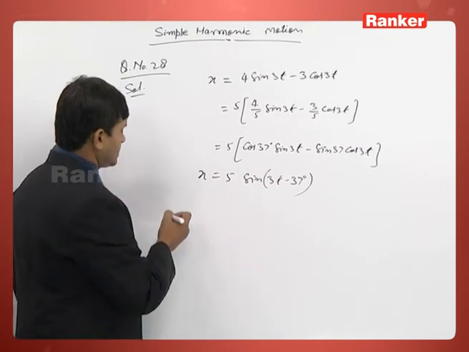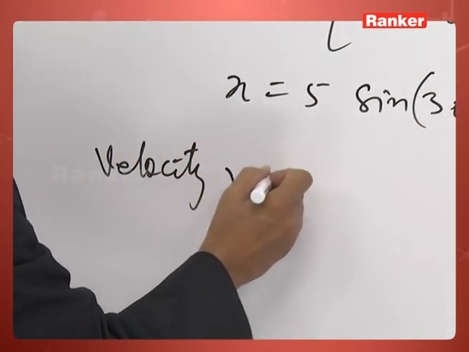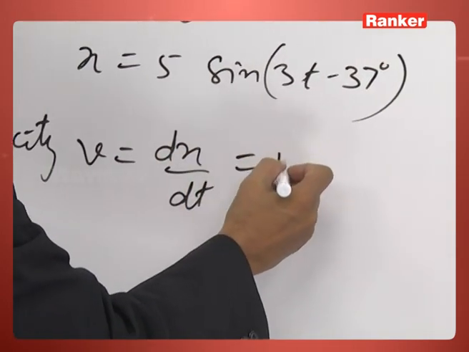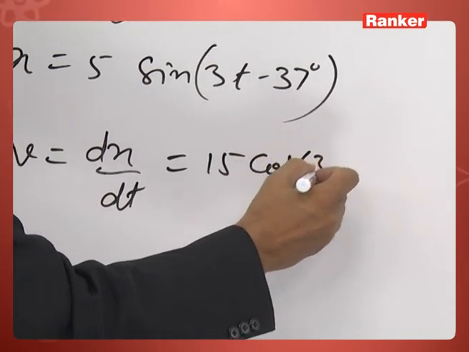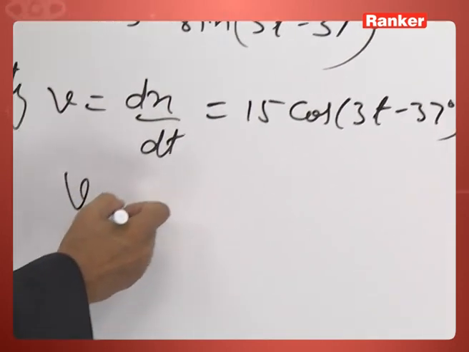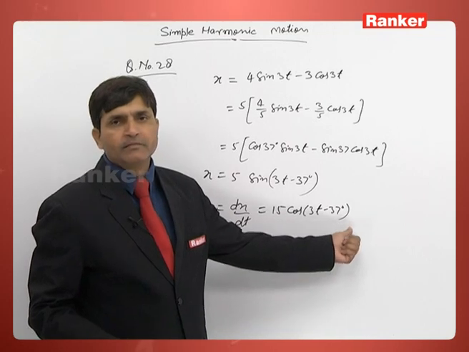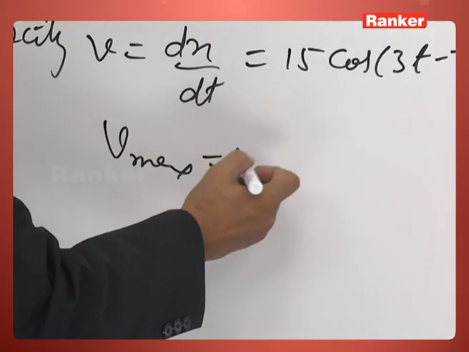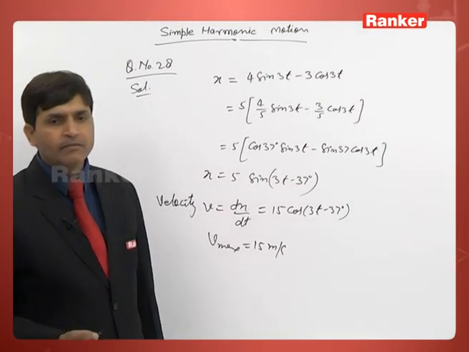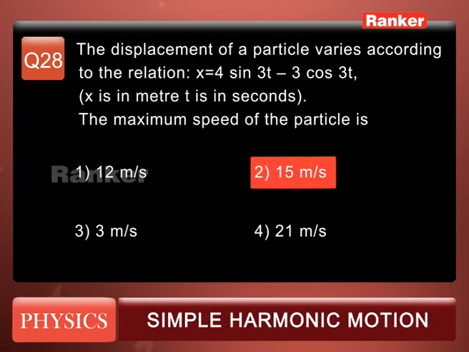Now velocity. If we want velocity, v is nothing but dx by dt. Differentiate this one: 15 cos of 3t minus 37 degree. So v maximum is the value when the cos term becomes maximum, which is 1. So this becomes 15 meter per second. So maximum velocity is 15 meter per second. The correct option is option number 2.